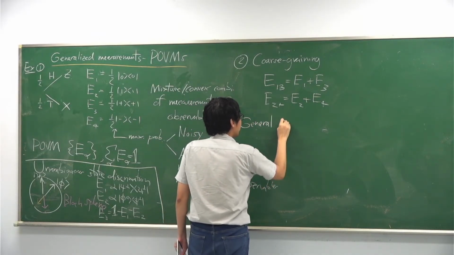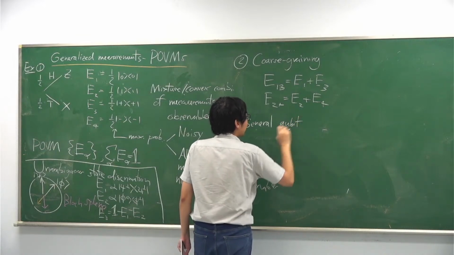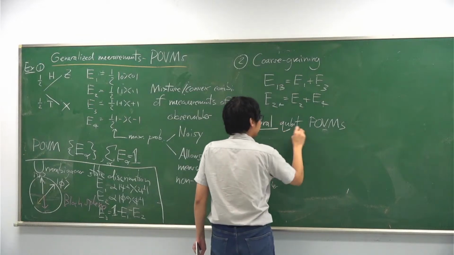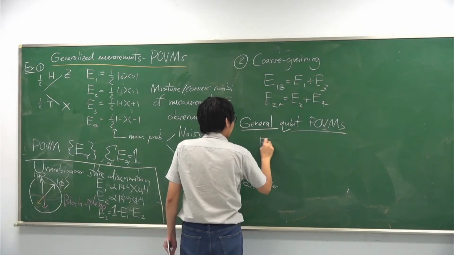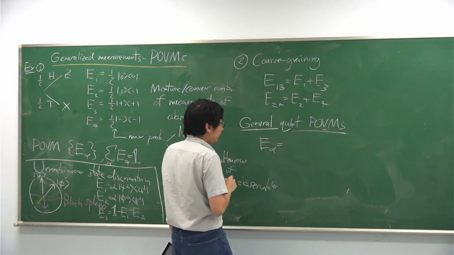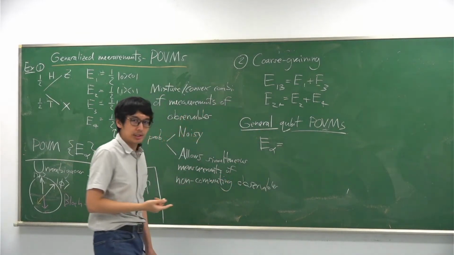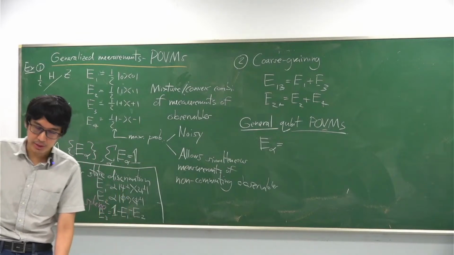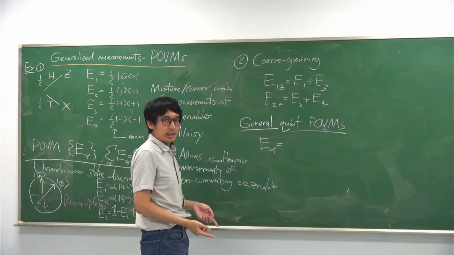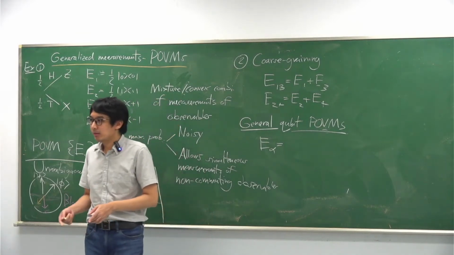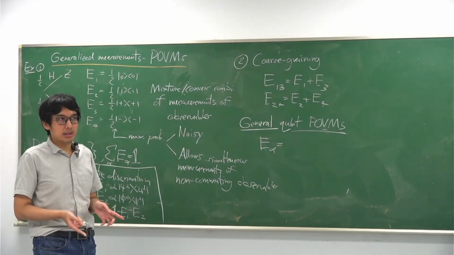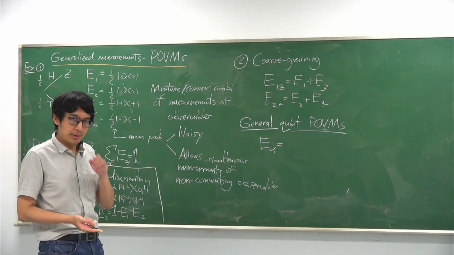So for general qubit POVMs, what is the form of the general POVM elements for qubits, right? For qubits, we already have a way to write all possible positive operators, right?